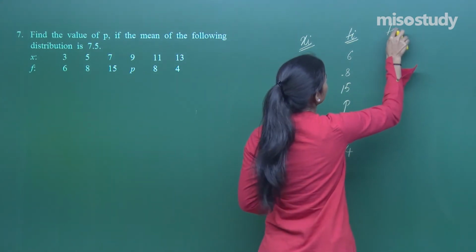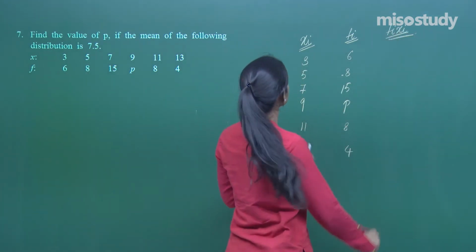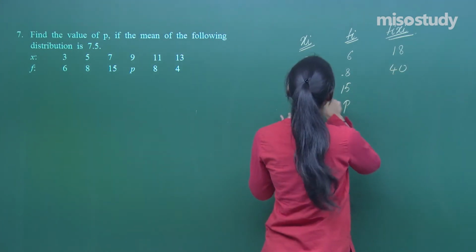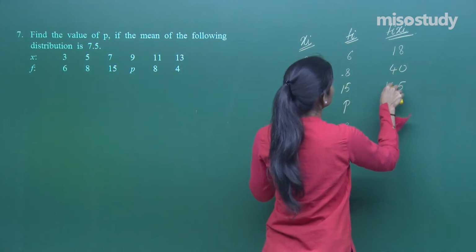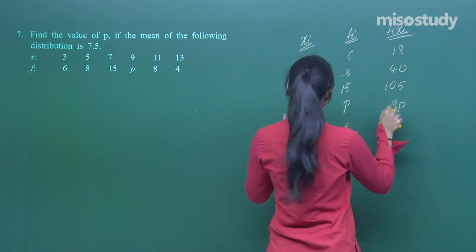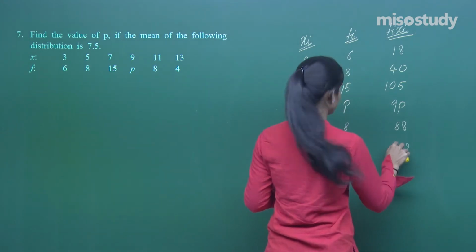So what is fi xi? This is 18, this is 40, this is 105, then this is 9p, this is 88, this is 52.